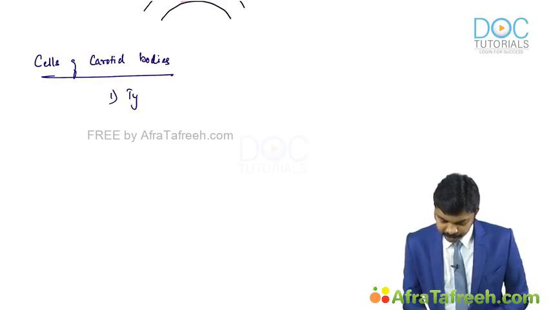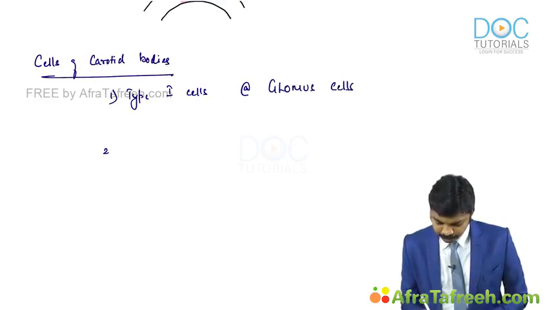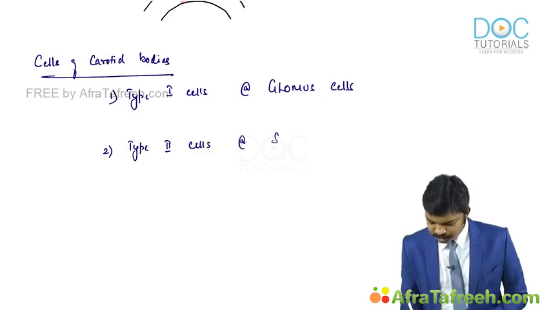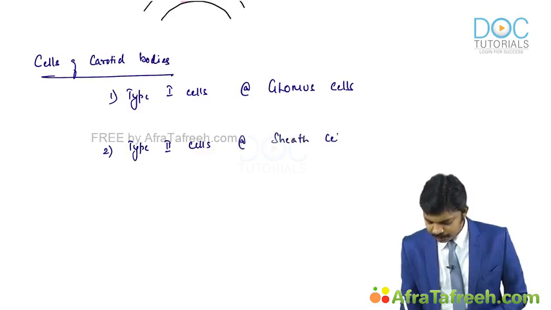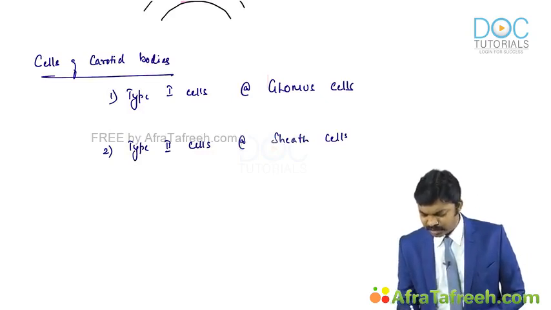Type 1 cell, also called glomus cells. Type 2 cells, also called sheath cells. Sheath cells are also called sustentacular cells, but don't worry about the terminologies.